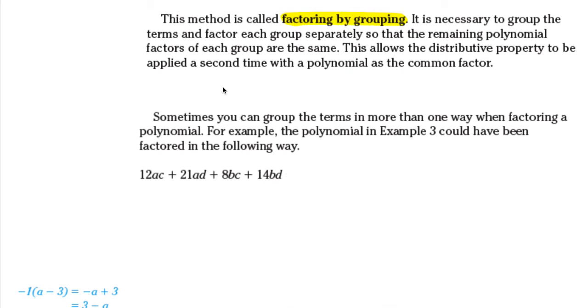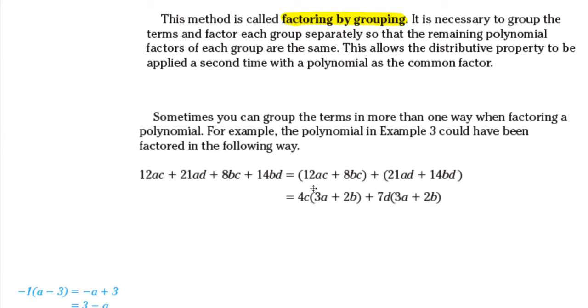Sometimes you can group the terms in more than one way when factoring a polynomial. For example, the polynomial in example 3 could have been factored in the following way. If you use the same example, we could factor it this way. You can now group 12ac plus 8bc using the commutative property of addition, and using the associative property of addition, we group them.